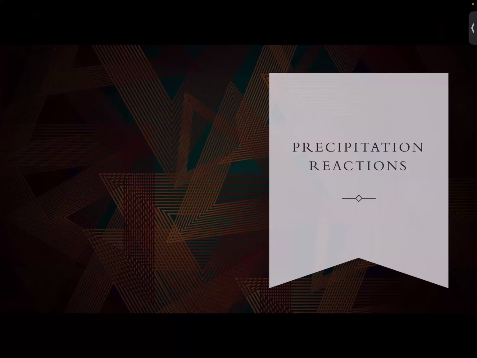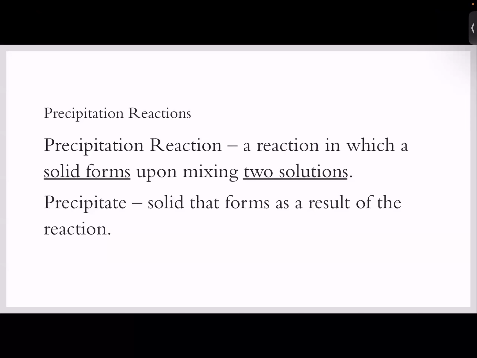Let's talk about precipitation reactions. A precipitation reaction is a reaction in which a solid forms upon mixing 2 solutions. This is the definition based off of your textbook. The solid that is formed is called a precipitate.